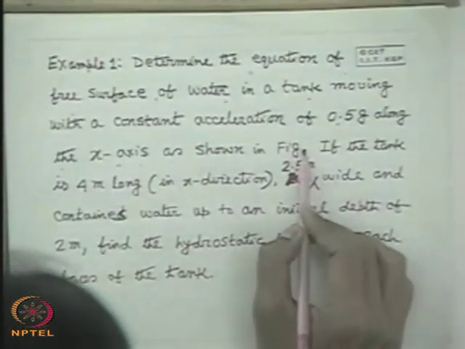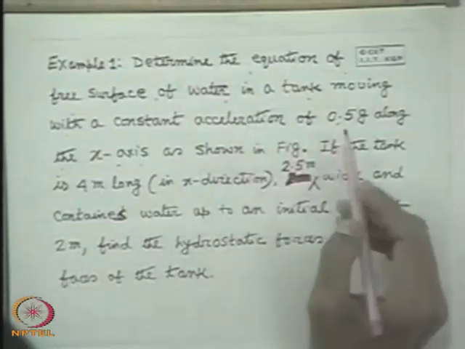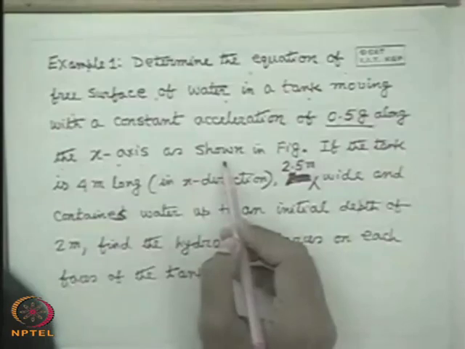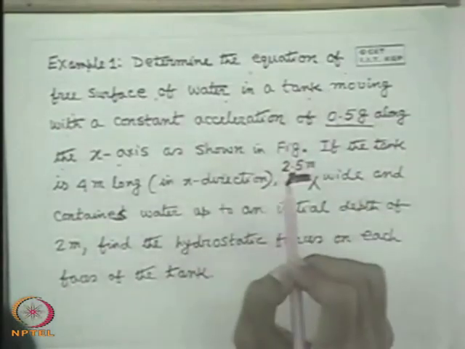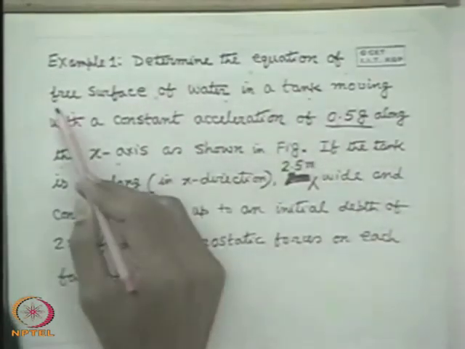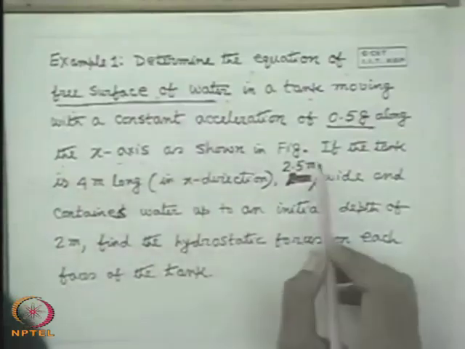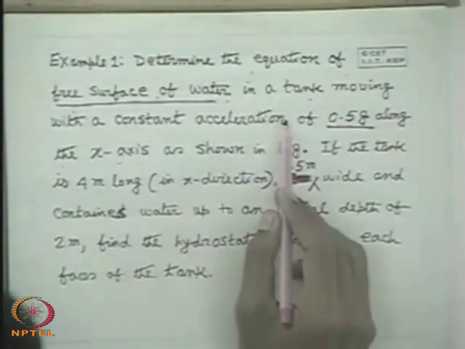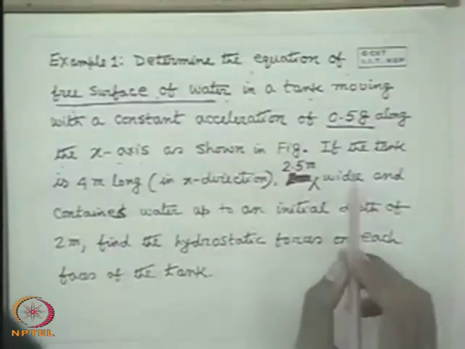I will show the figure, you write. That means a tank is moving with a constant acceleration of 0.5 g along the x-axis, and water is contained in the tank. The first part is to determine the equation of free surface of water. To determine the equation of free surface, you don't require any other data.